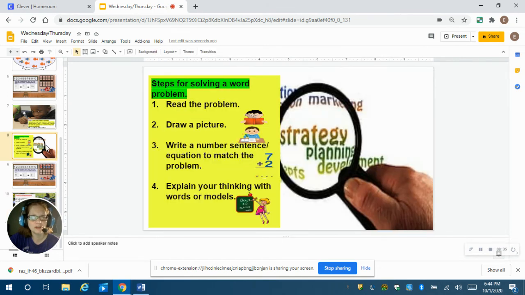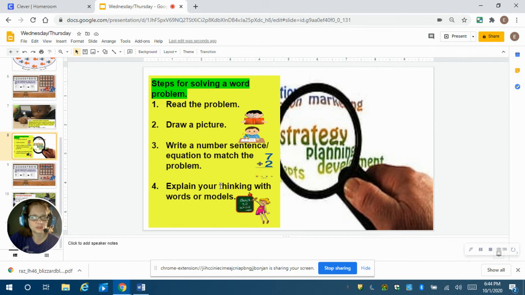So, when we're solving a word problem, it's really important to follow these steps. Read the problem, think about what the problem or word story is asking you, draw a picture so that you can see what the problem is describing, and then write a number sentence or an equation to match the problem.